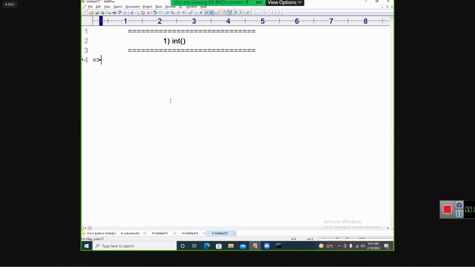Int of is used for converting any possible type of value into int type value. Any possible value means I am going to show lots of examples.